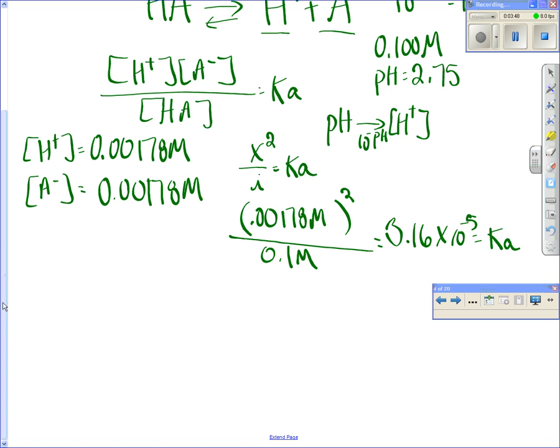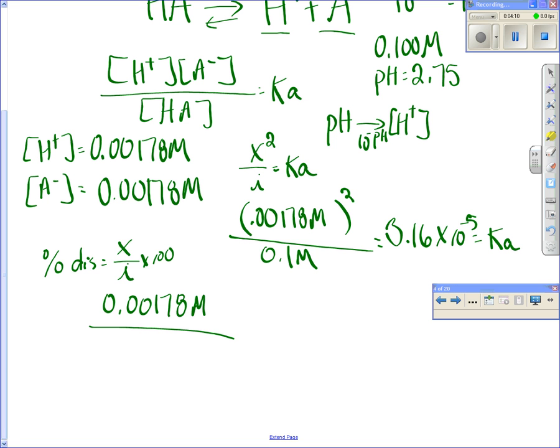So all you do to figure out your percent ionization or percent dissociation, I'm just going to call it percent dis, is it's equal to x, which is our H, over initial, times 100%. So all you do is plug and chug. I'm going to plug in my molarity of H, plug in my 0.1, and times it by 100.